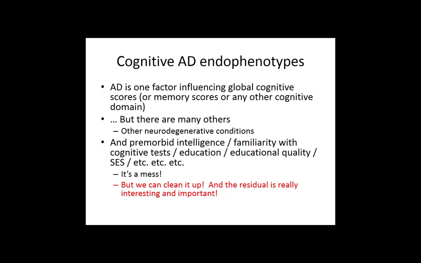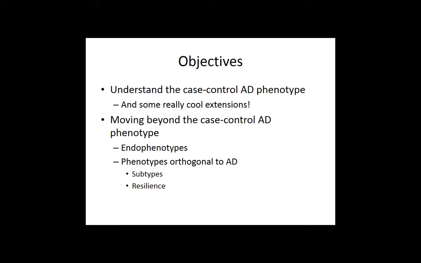So maybe you get the Teflon brain where the disease is just ravaging your brain, and phenotypically you're fine because you're resilient. So these were my objectives where we've looked at the Alzheimer's disease case control phenotype, some cool extensions with the GWAS idea and the regression idea of Dr. Mez to try to oomph a little bit more by taking what we know about epidemiology and applying it in a genetics setting.